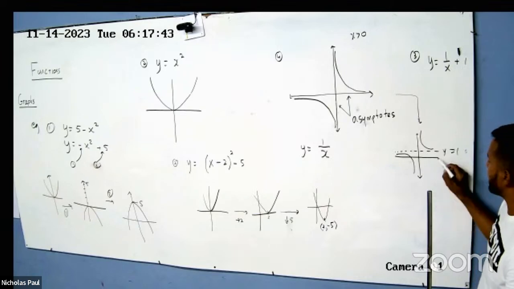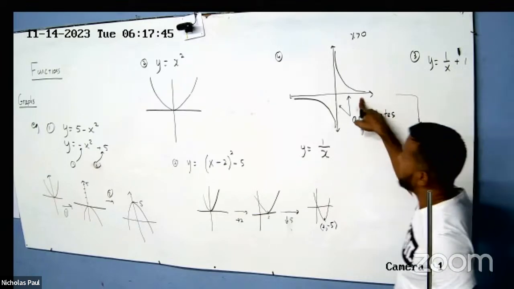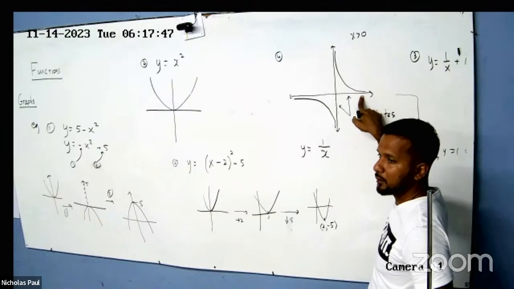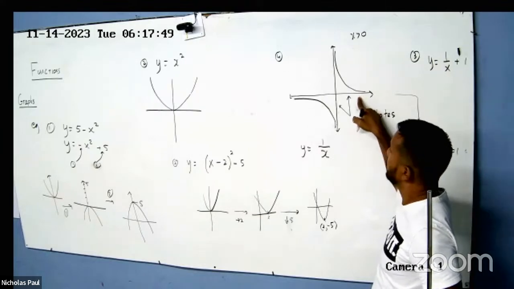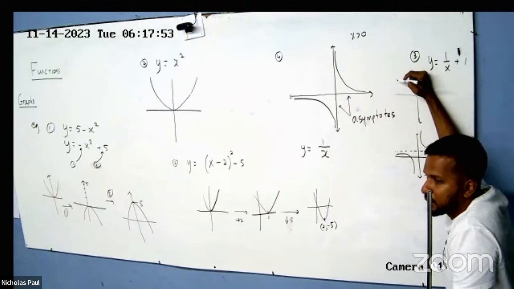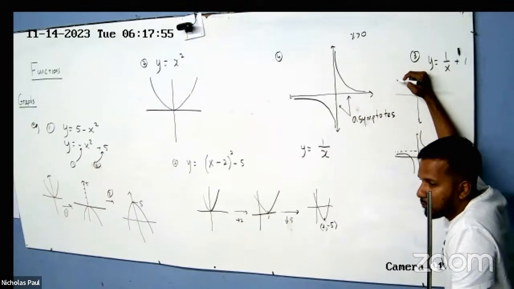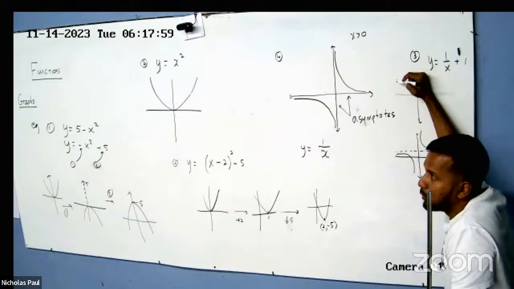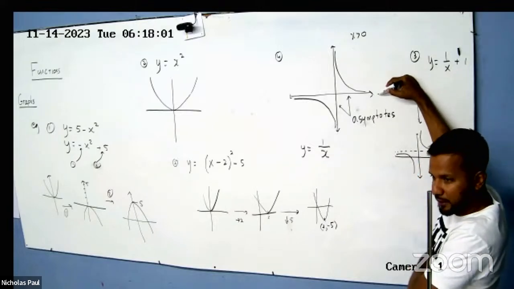By the way, what's the name of this asymptote? What's the equation for this line?